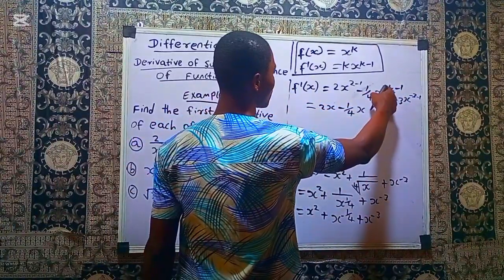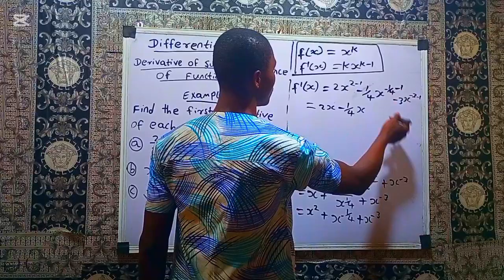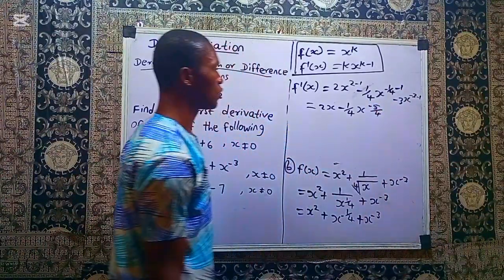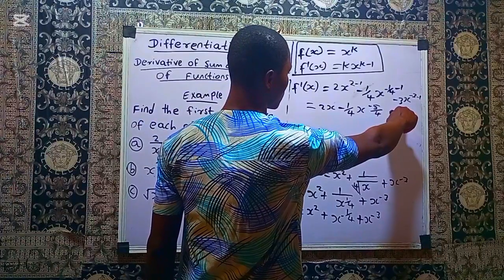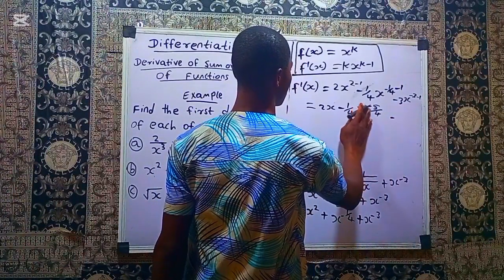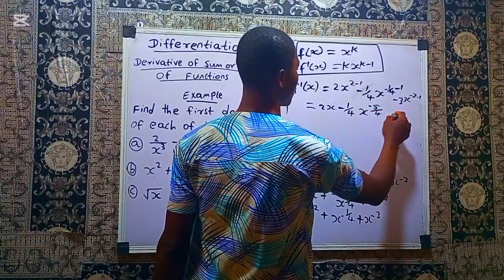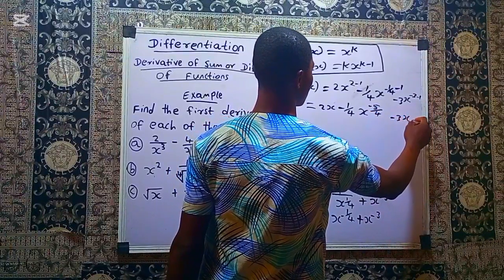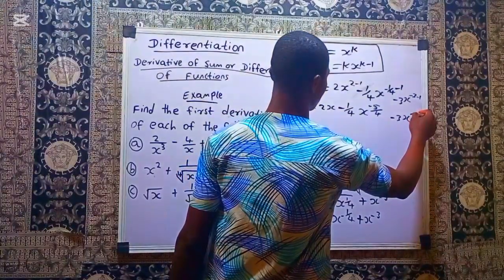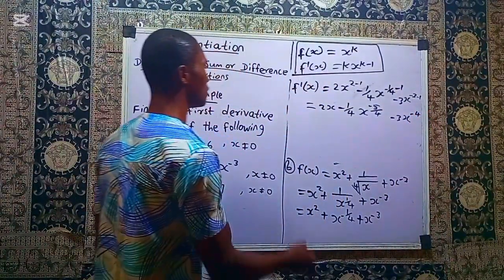If you simplify, minus 1 over 4 minus 1 will give you minus 5 over 4. The last one will have minus 3x raised to power. Minus 3 minus 1 will give you minus 4. So we are done with that.